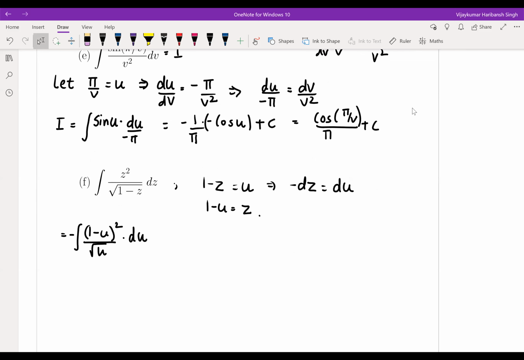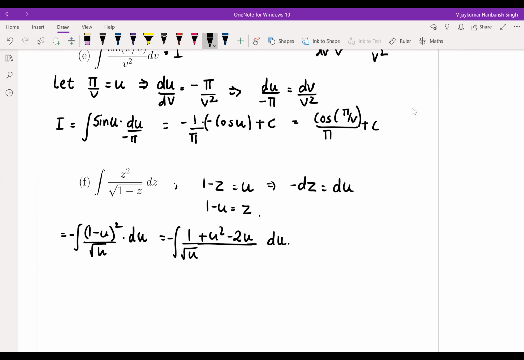Now let's expand this out. So we get minus 1 by square root of u. So the top simplifies as what? You have 1 minus u the whole square. So you have a minus b the whole square, which is going to be a square plus b square minus 2ab du.